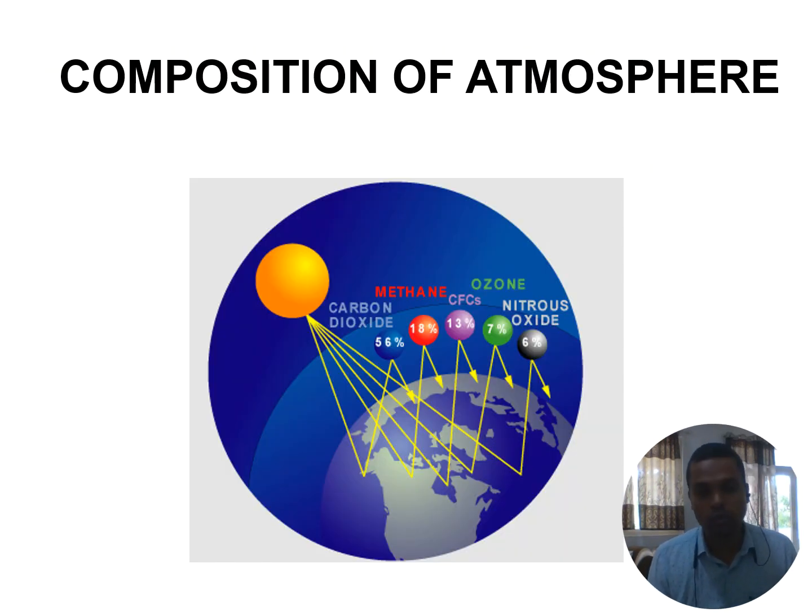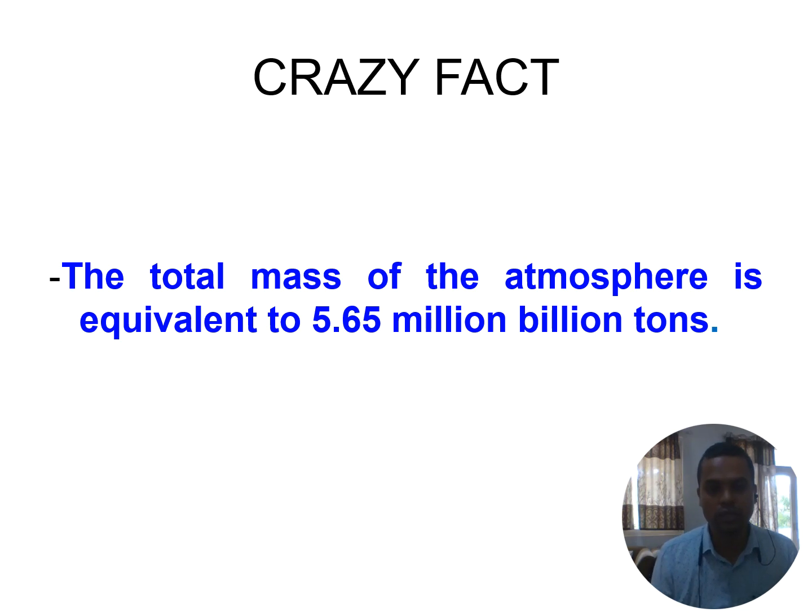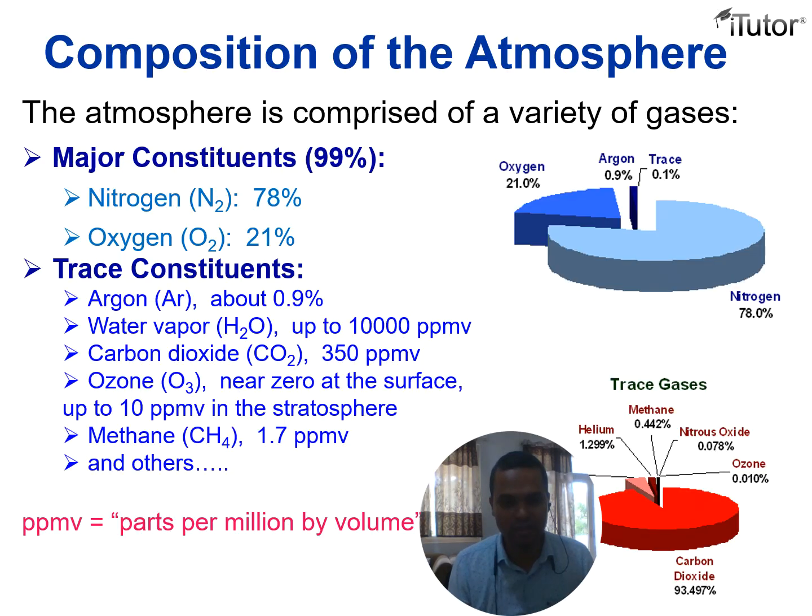Now we're going to talk about the composition of the atmosphere. So basically the total mass of the atmosphere is about 5.65 million billion tons. This is a huge number. It's very difficult to imagine, in fact. But if you see the composition, the main components are nitrogen and oxygen. About 78% of the atmospheric gas is nitrogen, and oxygen makes up 21%.